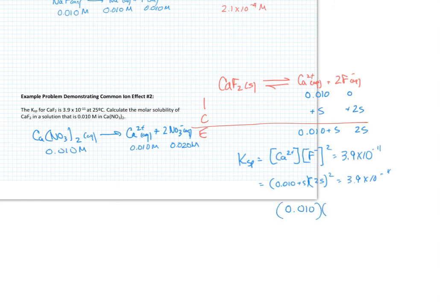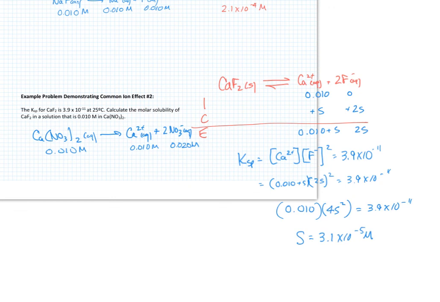And I'll just remind you again, this is 2S, the whole quantity squared. Do not forget to square both the 2 and the S. That's a common mistake that students make. So this can be 4S squared equals 3.9 times 10 to the minus 11. So S is going to equal 3.1 times 10 to the minus 5 molar.